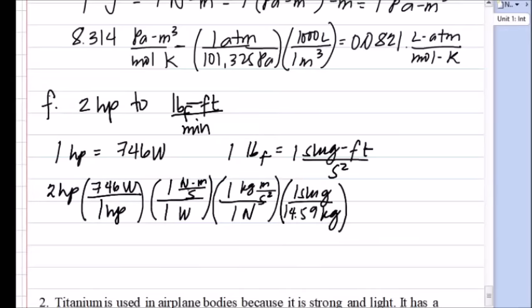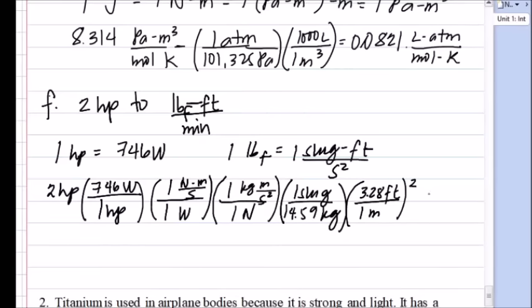Ang gawin na natin, dahil dalawa naman yung meter, convert natin yung meter papuntang feet. So, we have 1 meter, 3.28 feet. But since dalawa yan, isi-square natin. Para mas madali po siya.